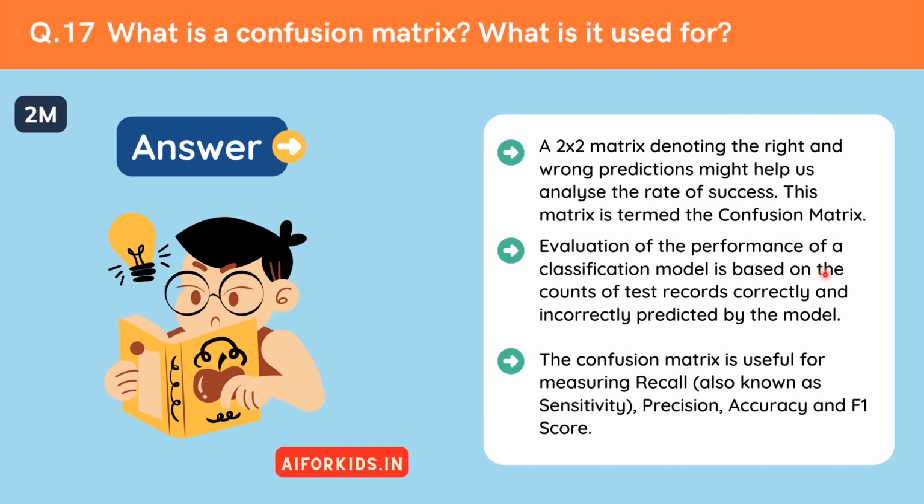Evaluation of the performance of a classification model is based on the counts of test records correctly and incorrectly predicted by the model. The confusion matrix is used for measuring recall, that is also known as the sensitivity, precision, accuracy and F1 score. So recall, precision, accuracy and F1 score are used in the process of evaluation.